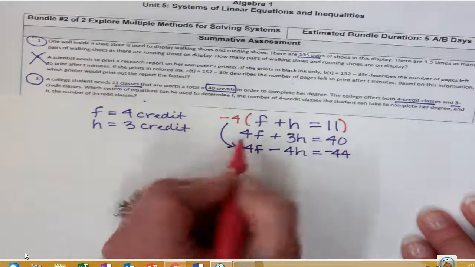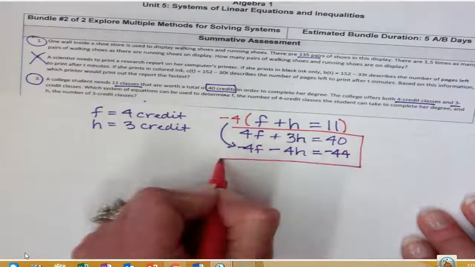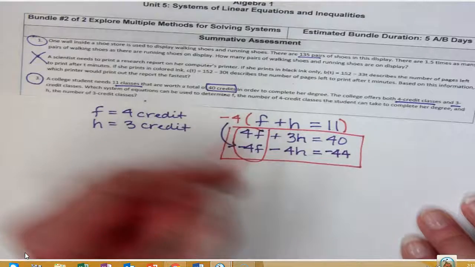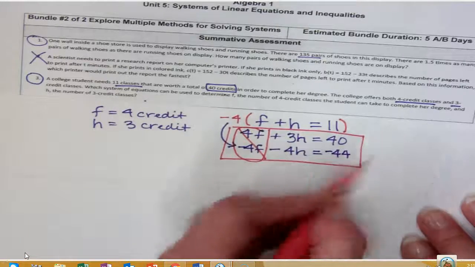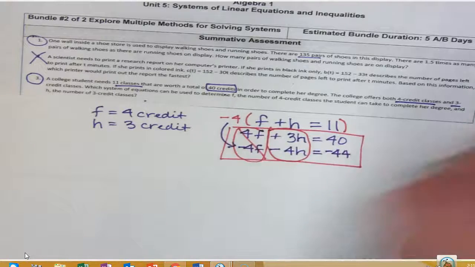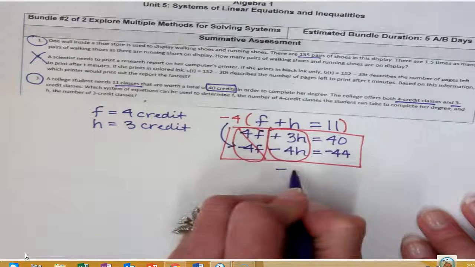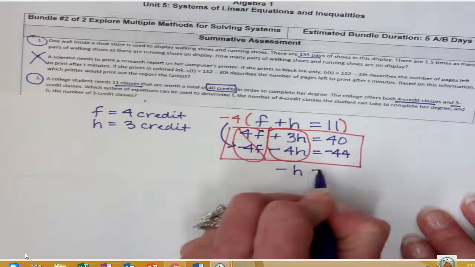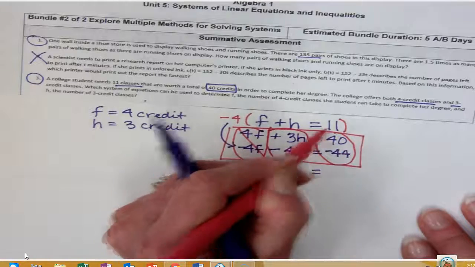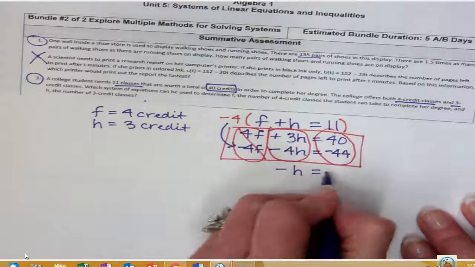So when I add these two together, I get 0. When I add these two together, I get -1H. When I add these two together, I get -4.